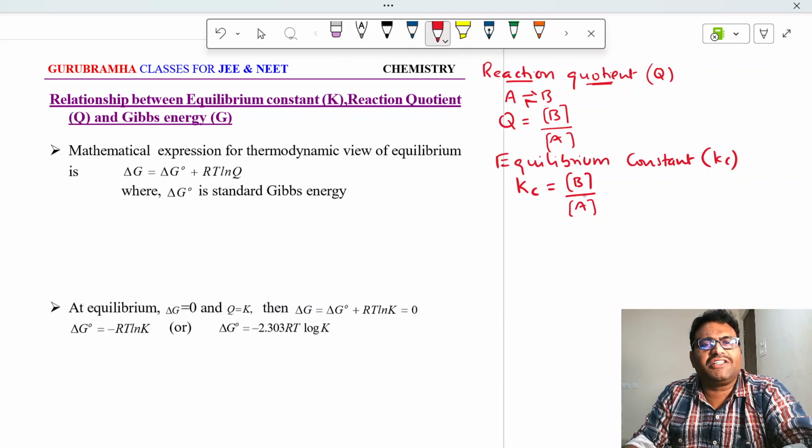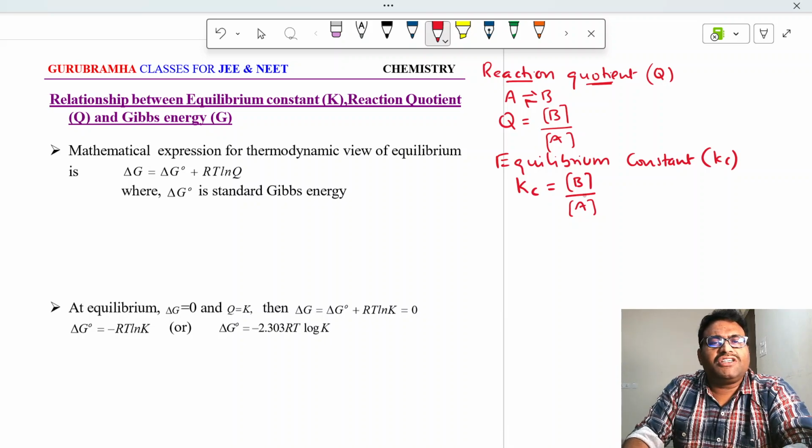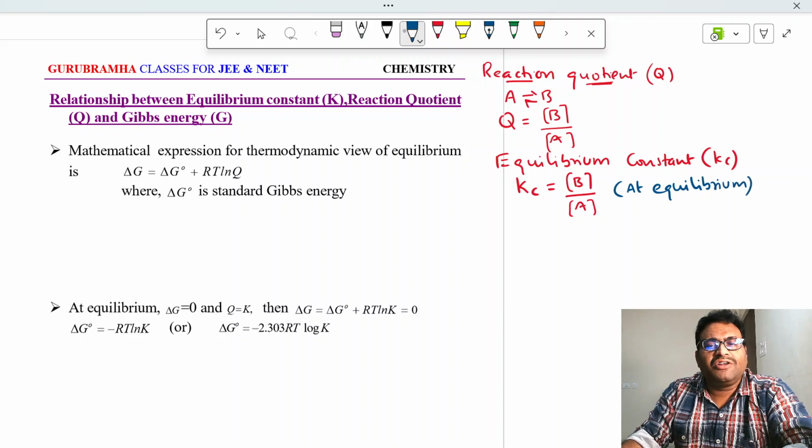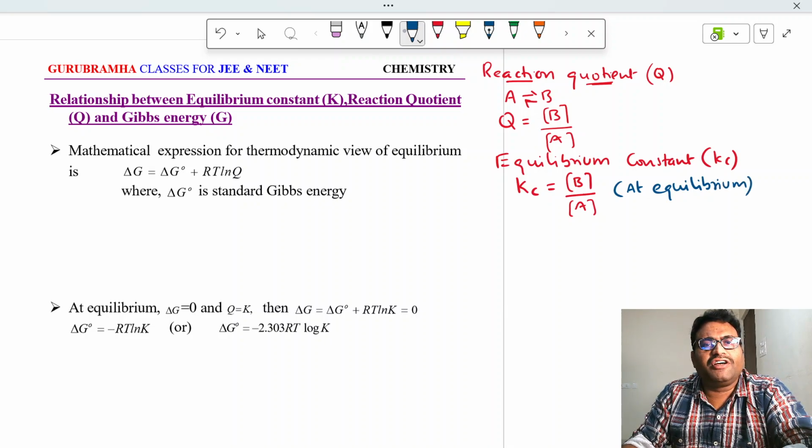Both are representing the same. These are concentrations of product and reactant at what position of this reversible reaction? At equilibrium position, or at equilibrium state.